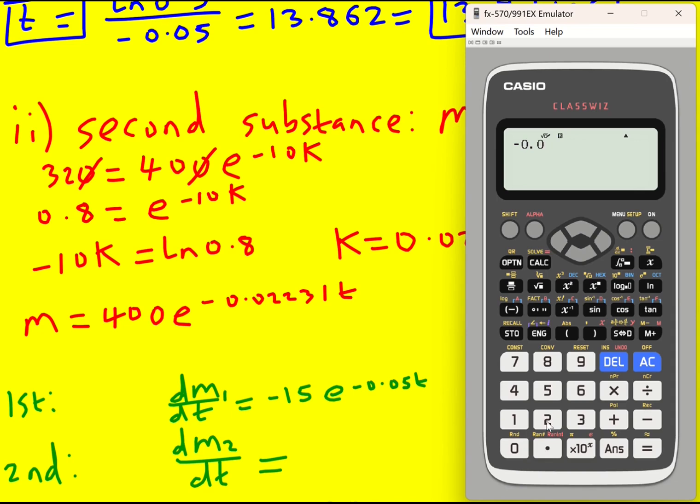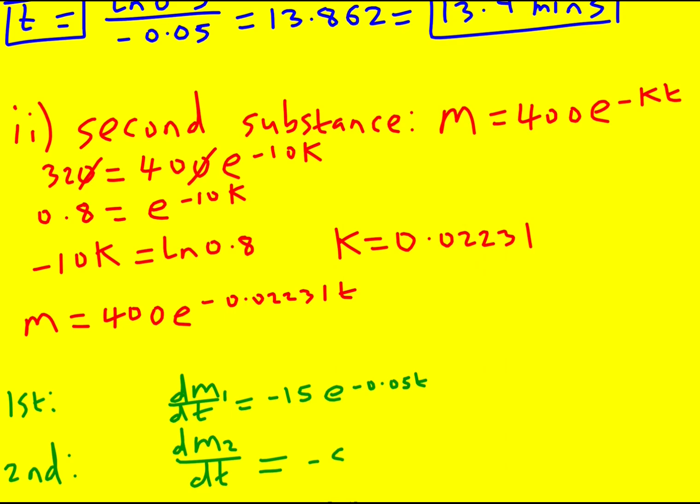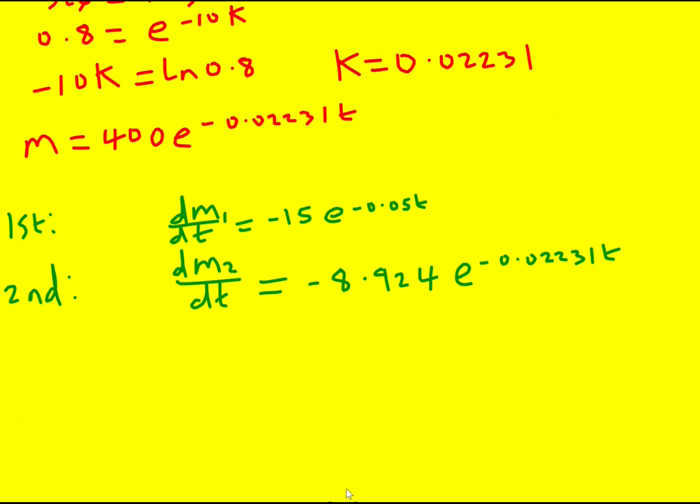I've written it down to 4 significant figures, so that should be okay. Minus 8.924. We want to find the time when the rates are the same, so we've got to create an equation and set them equal to one another.